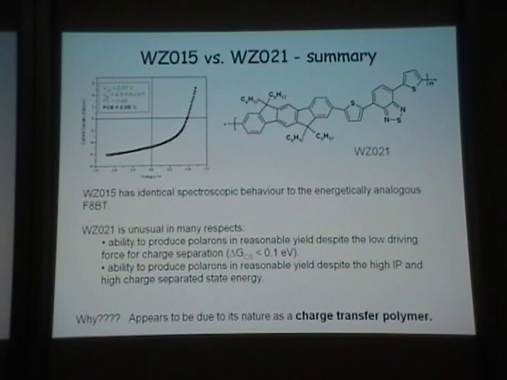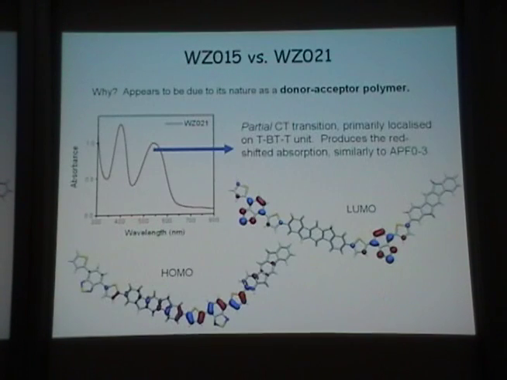So the question therefore remains as to why this behaviour is so different. It appears that the reason for this is that the WZ021 is a charge transfer polymer, a donor-acceptor polymer, whereas the WZ015, which lacks those sparking rings, is not.